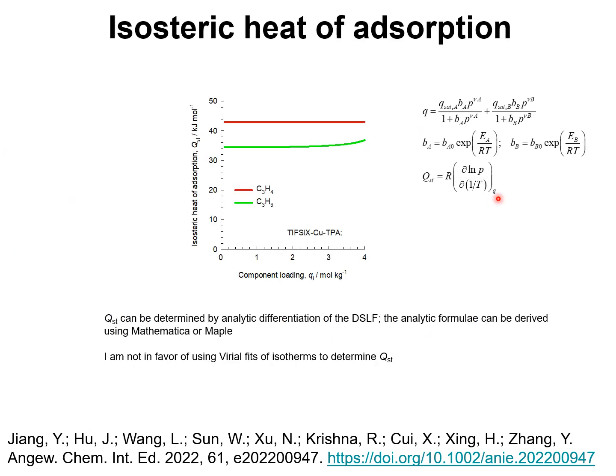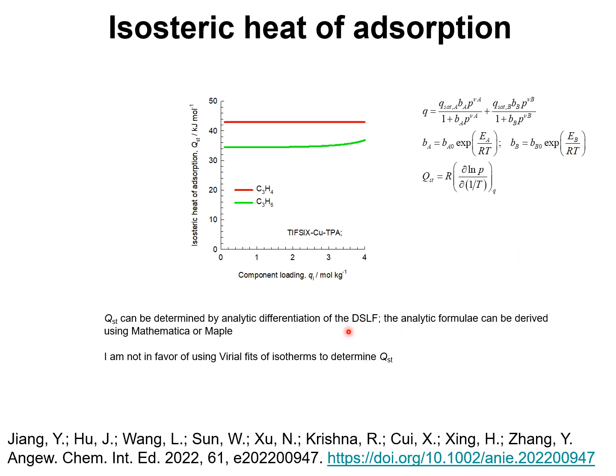From the dual site Langmuir Freundlich fits with temperature dependent BA and BB parameters for propine and propene in ZnU2, we can determine the isosteric heat of adsorption using this expression by analytic differentiation of the DSLF model.